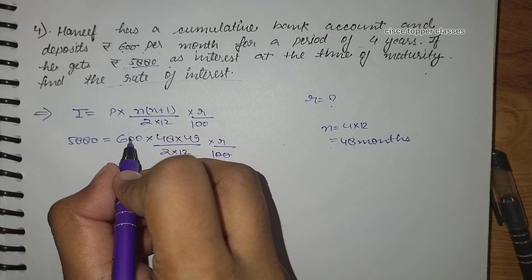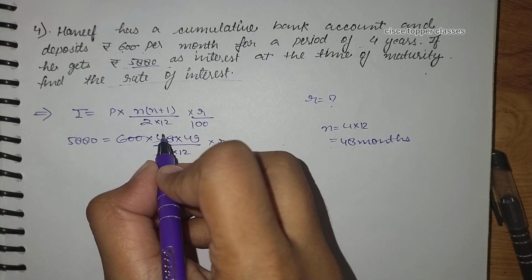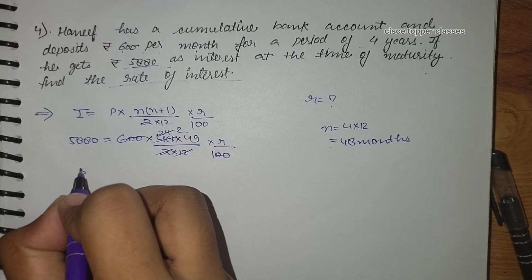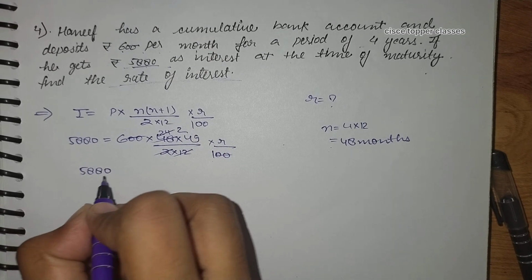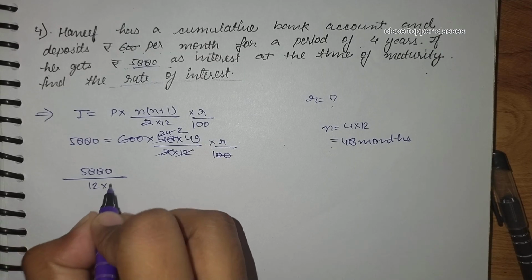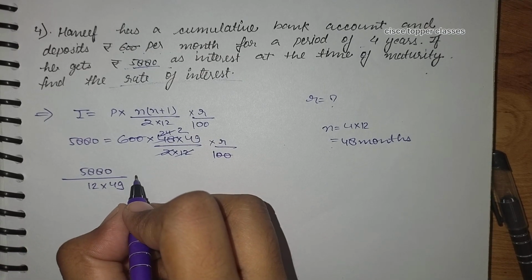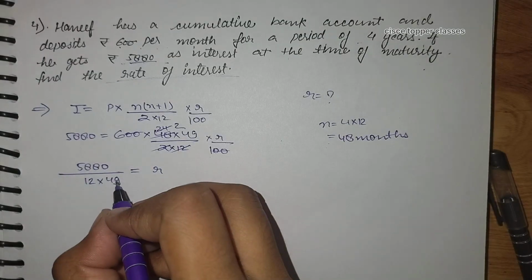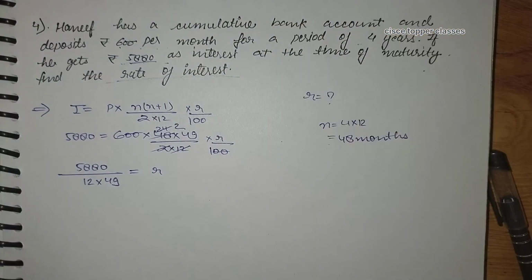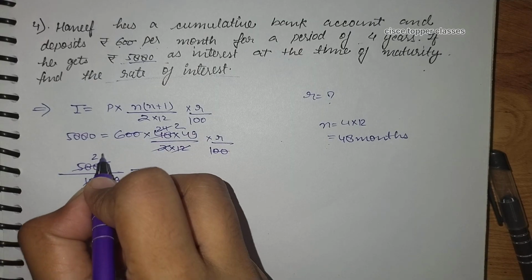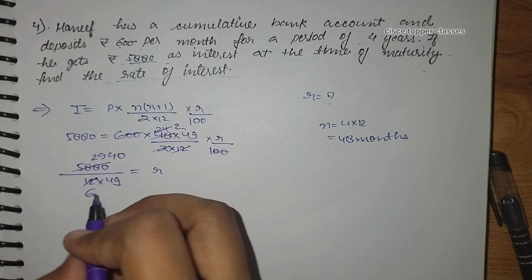So this 0 will be cancelled out from here. This will be cancelled out by 24, and this will be 2 here. So 5880 into 100, we can write divided by 12 into 49, equal to r. On solving this part, here this will be cancelled out by 6. This will be 2, 2, 9, 40.